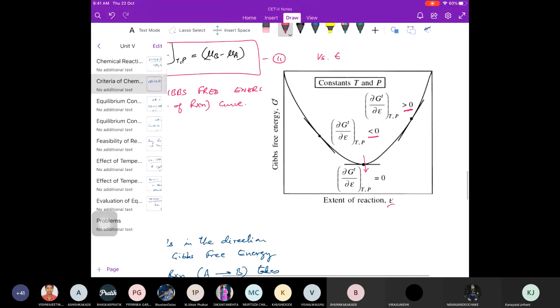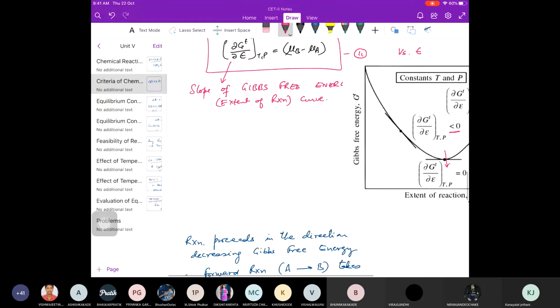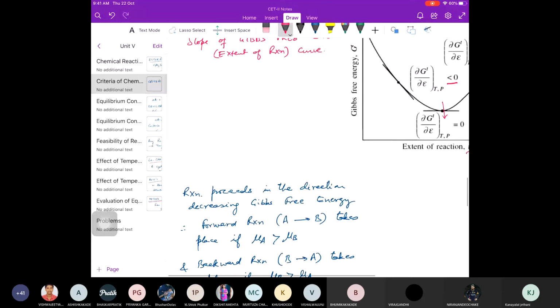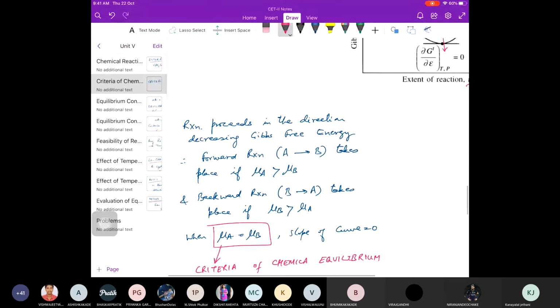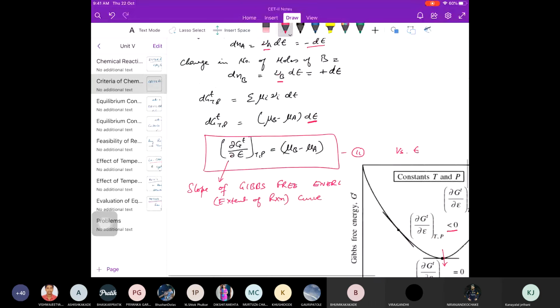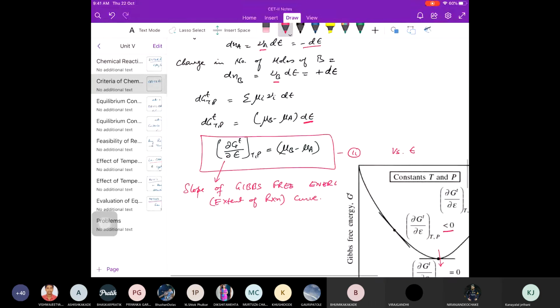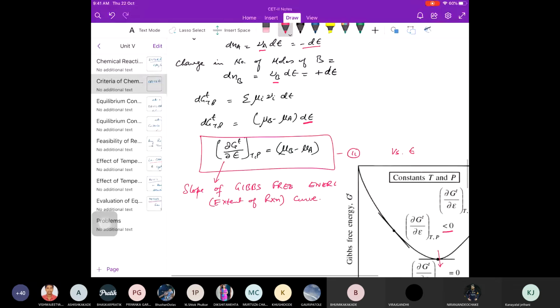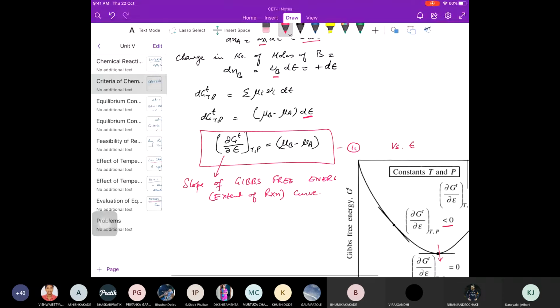Okay. So reaction will proceed in the direction of decreasing Gibbs free energy, because we see that the forward reaction, A goes to B, will take place when mu A is greater than mu B. We've seen this, right? Okay.